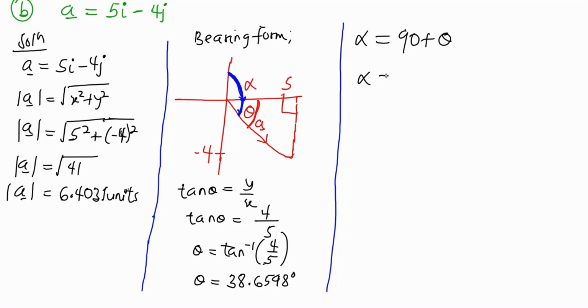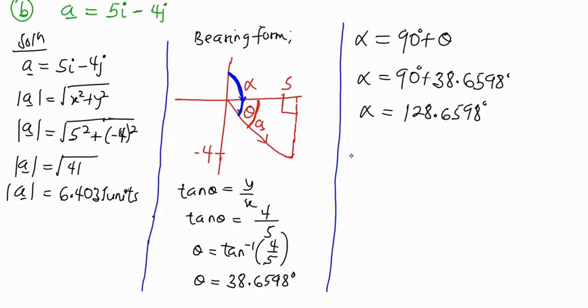So alpha is equal to 90 plus theta, and we know theta to be 38.6598 degrees. When you sum everything, you have 128.6598 degrees. So you have the bearing now to be 128.6598 degrees.